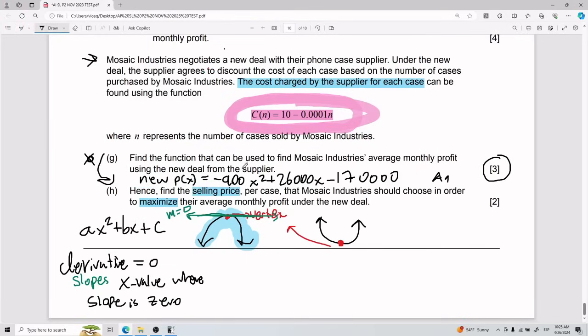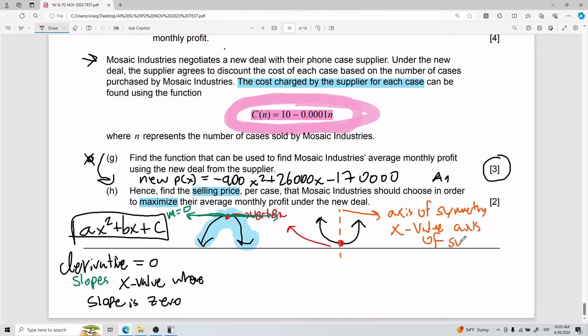The other choice is that because it's at the vertex and because you know it's a quadratic, you can just find what we call the axis of symmetry. The x value of the axis of symmetry will give you the vertex.